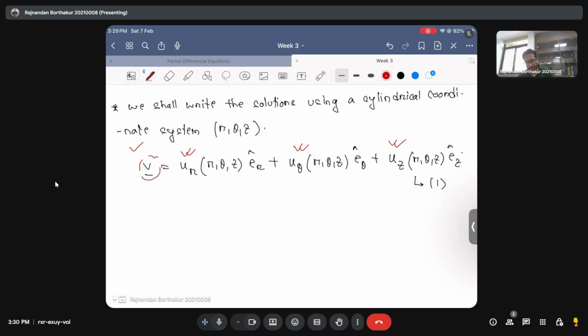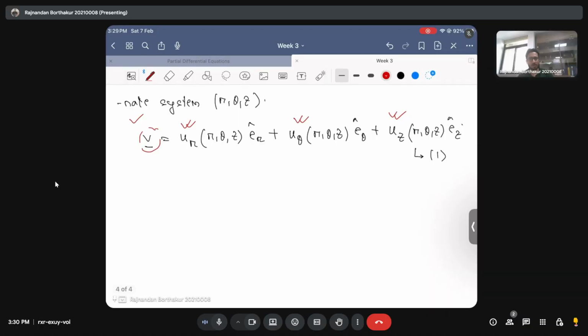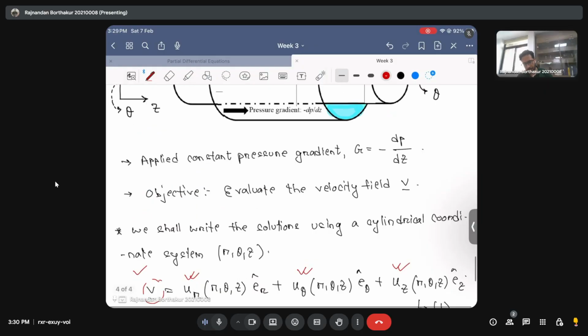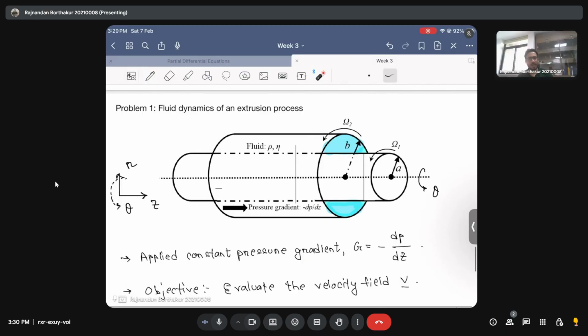Number 2 is that let's try to understand the boundary conditions in this problem. So if you want to look at the boundary conditions, you must look at what basically is happening at the cylinder surfaces, right?